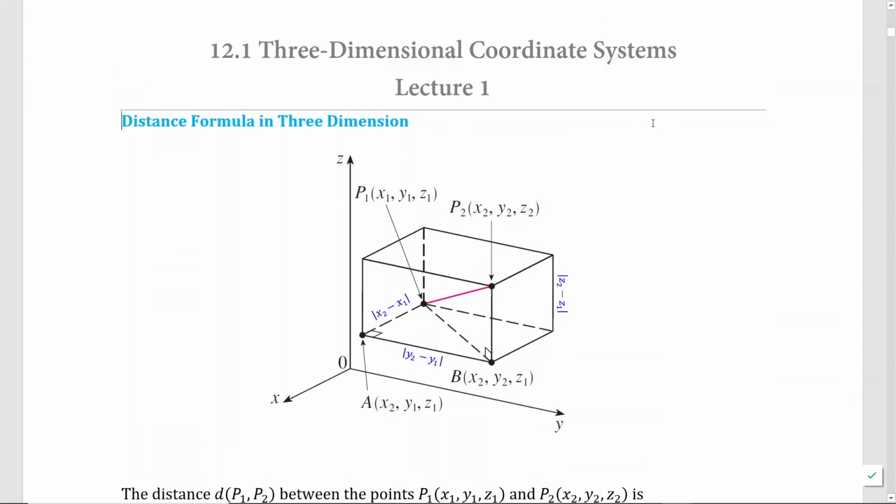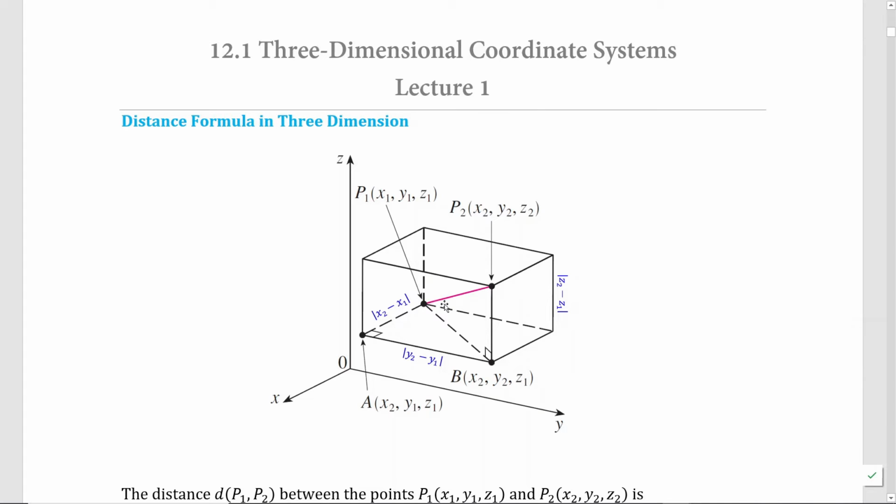We will now discuss the distance formula in three-dimensional space. Suppose we have two points P1 and P2 whose coordinates are x1, y1, z1, and x2, y2, z2 respectively.